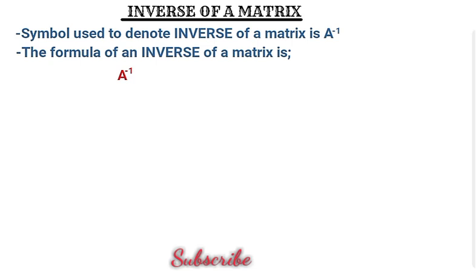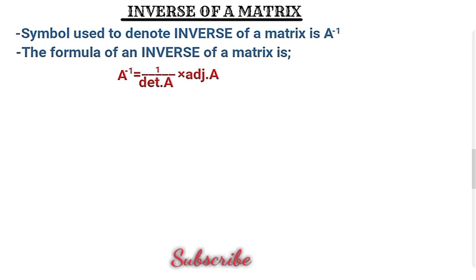A raised to the power -1 is equal to 1 over the determinant of A, multiplied by the adjoint of matrix A. If you are given matrix B, where there is a capital letter A, you will put B. So that is the formula: the determinant and the adjoint. That's the formula for the inverse of a matrix.